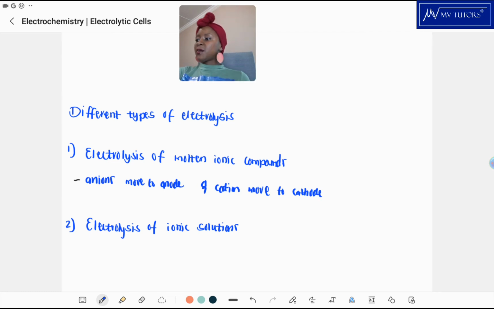So that's basically what happens with the electrolysis of molten ionic compounds.